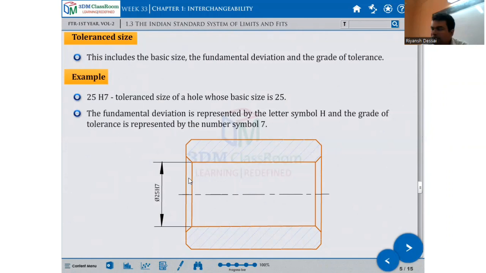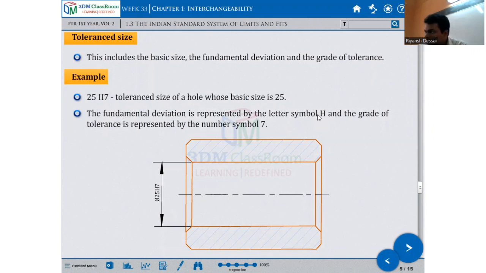In 25H7, the hole's basic size diameter is 25, and the fundamental deviation is represented by the letter symbol H, and the grade of tolerance is represented by the number symbol 7.